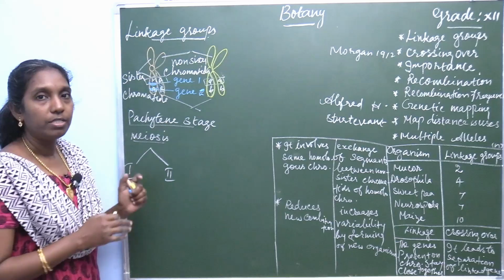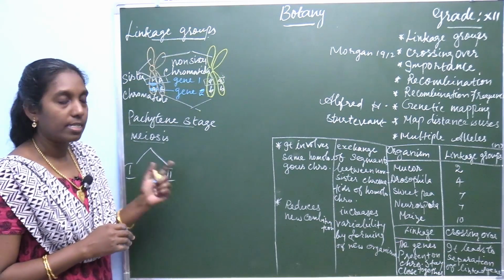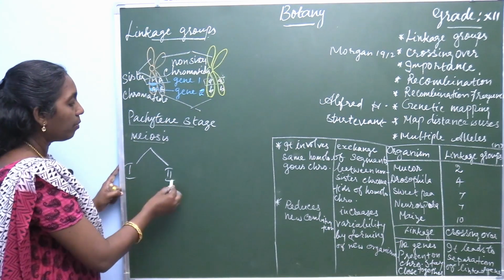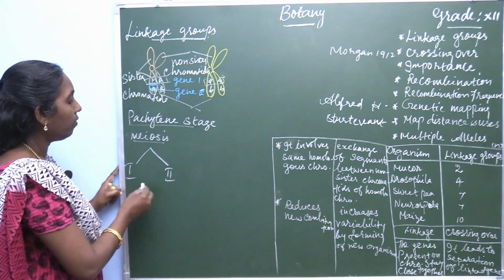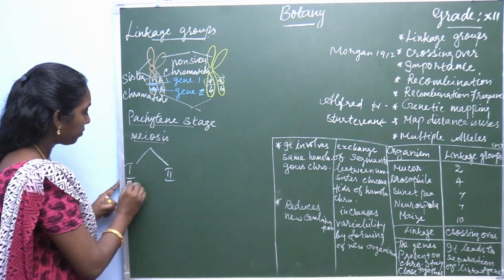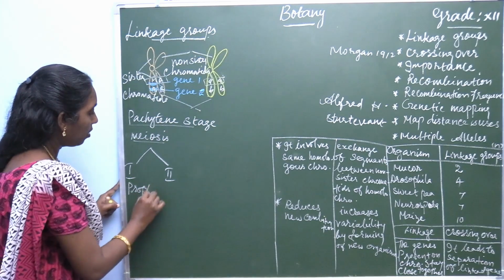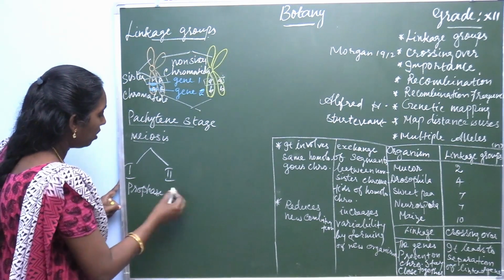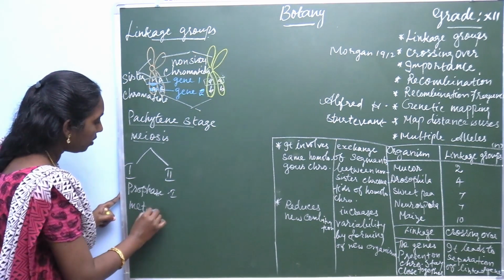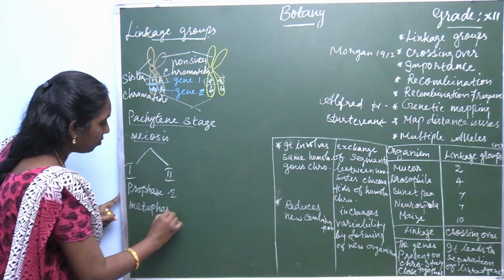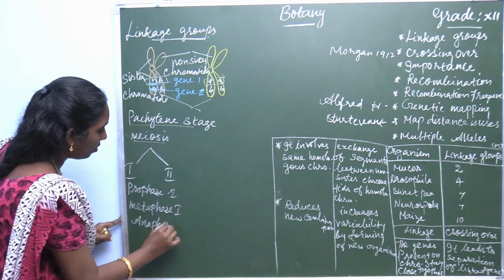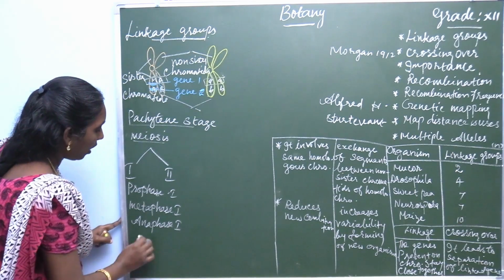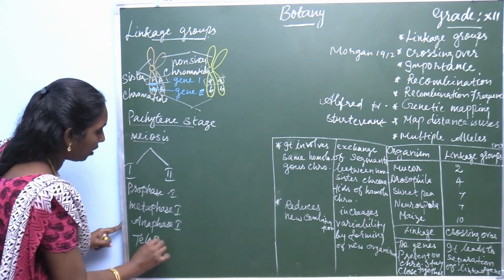Meiosis is a cell division, so let us recall what you learned in the 11th standard. Meiosis 1 and meiosis 2. Meiosis 1 consists of prophase 1, metaphase 1, anaphase 1 and telophase 1.